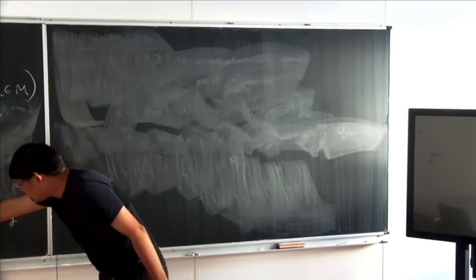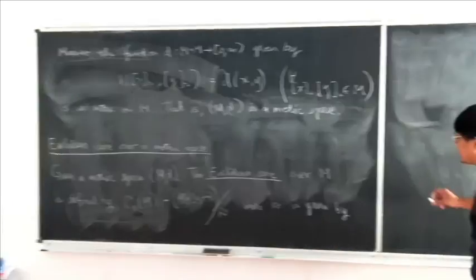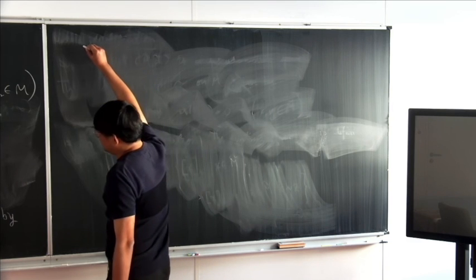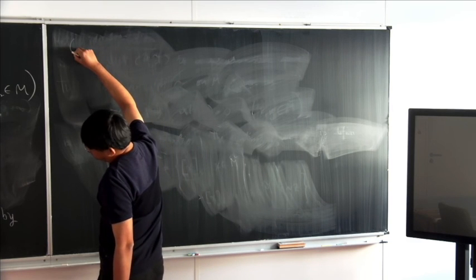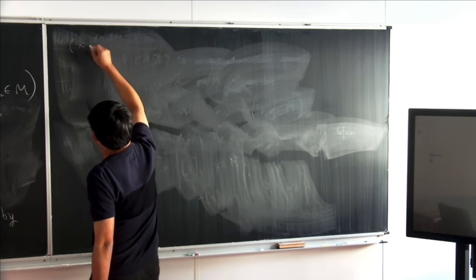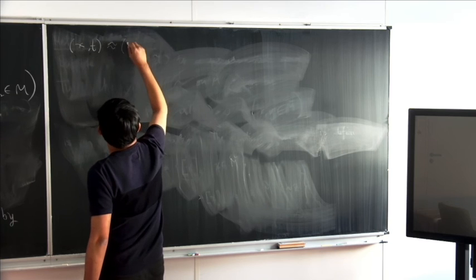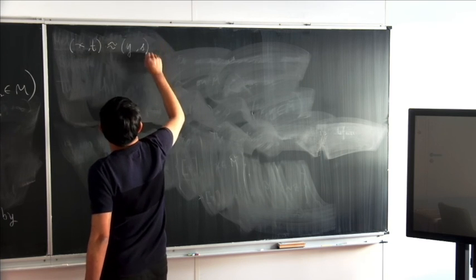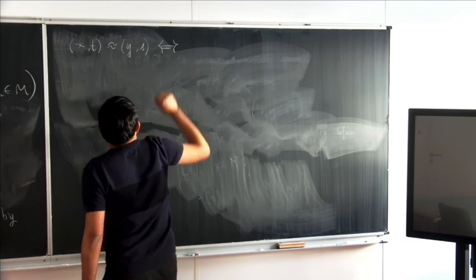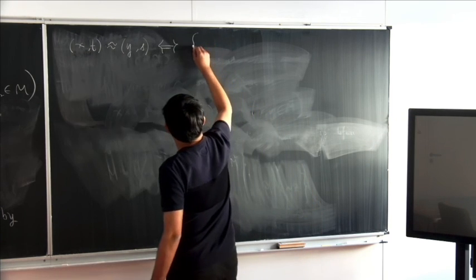This double tilde is given by: we have elements from M, I will denote them with x and y, and t and s. (x, t) is equivalent to (y, s) if and only if we have two cases.